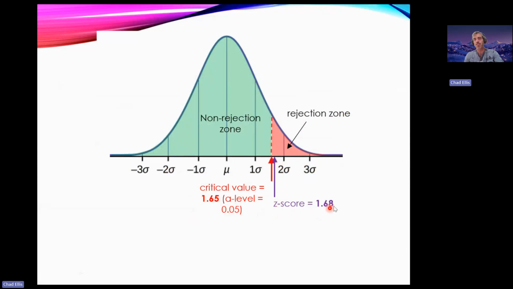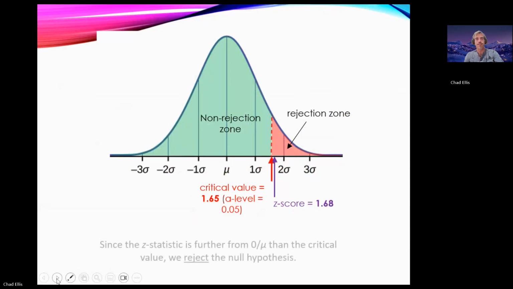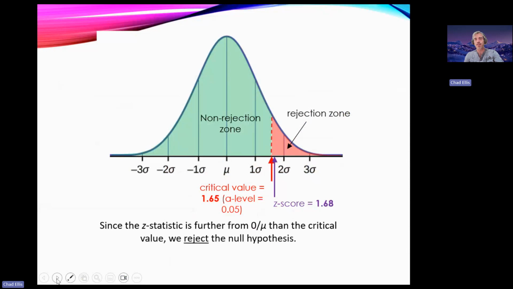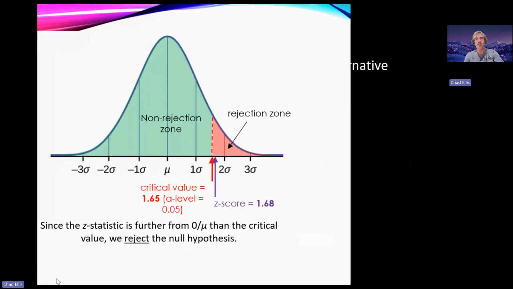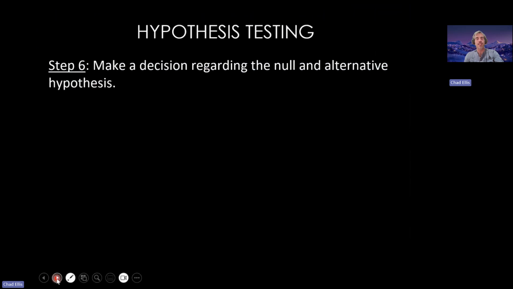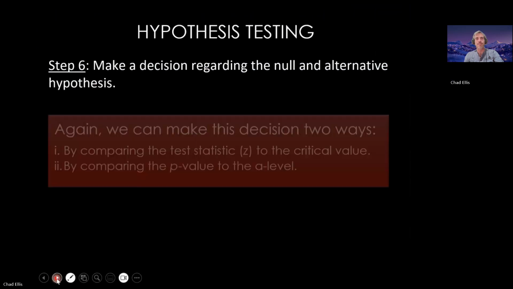But you can see here my Z-score is a little further away from the mean compared to my critical value, so that lands me in the rejection zone. So in this case, because I land in the rejection zone, I'm going to decide to reject the null hypothesis. That leads me to my conclusion.